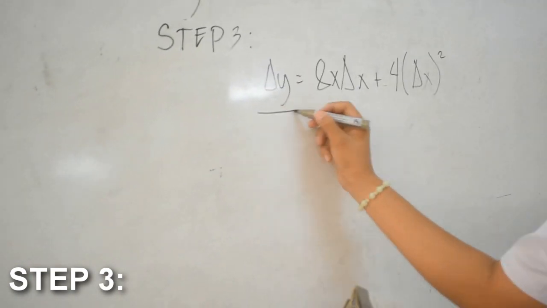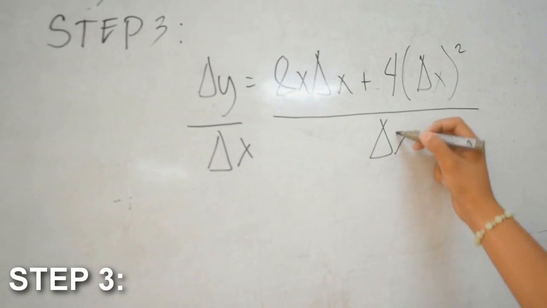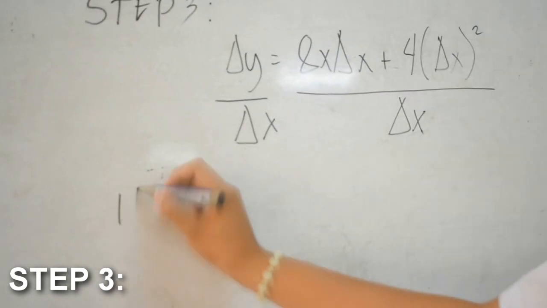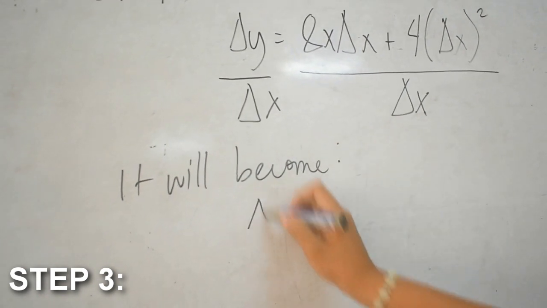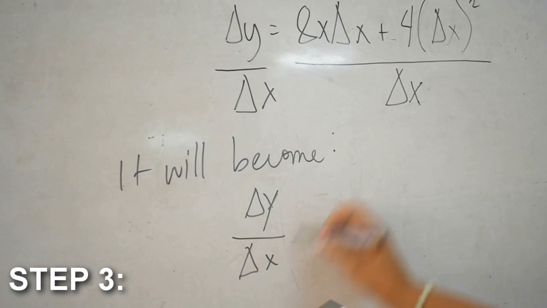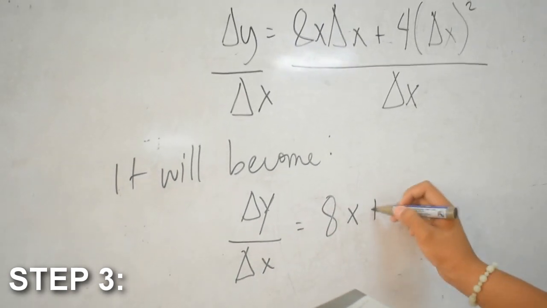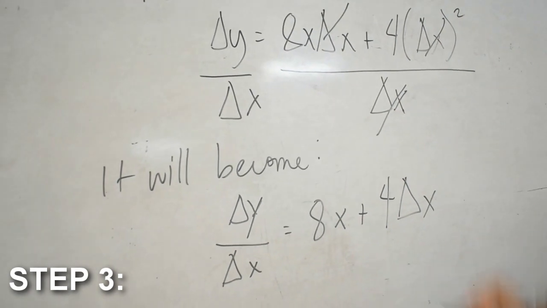Step 3. Divide both sides of the equation obtained in step 2 by delta x, and then simplify. Then we have the answer. Delta y over delta x equals 8x plus 4 delta x. We have cancelled the delta x in the 8x delta x and one delta x in the 4 times delta x squared.